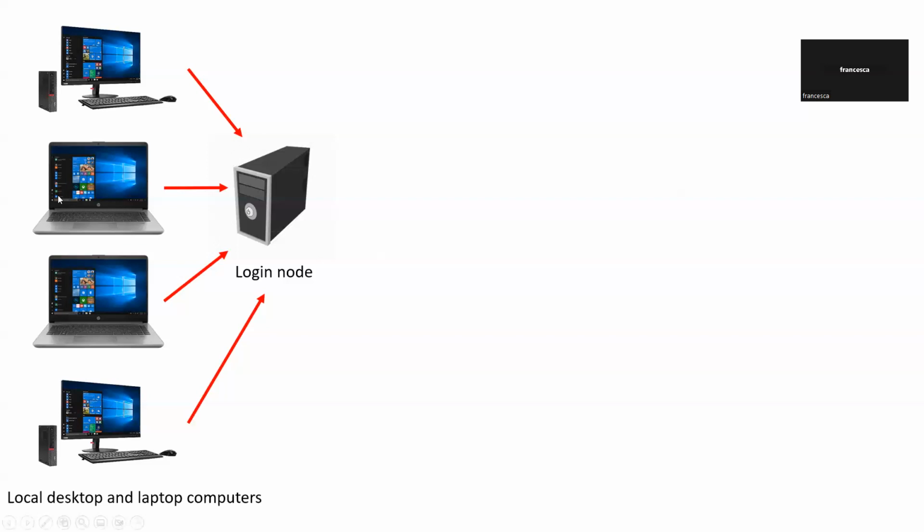The main important use of this node is to be able to schedule jobs. What do I mean by that? That's when you can generate what we call interactive sessions on the more high-powered computing nodes.